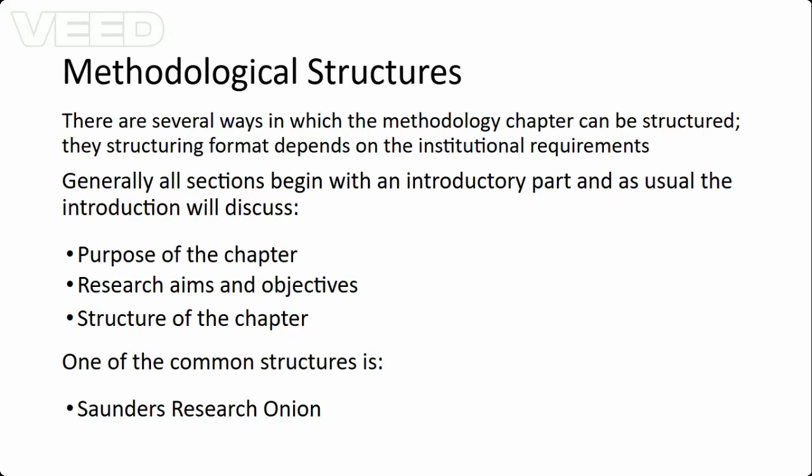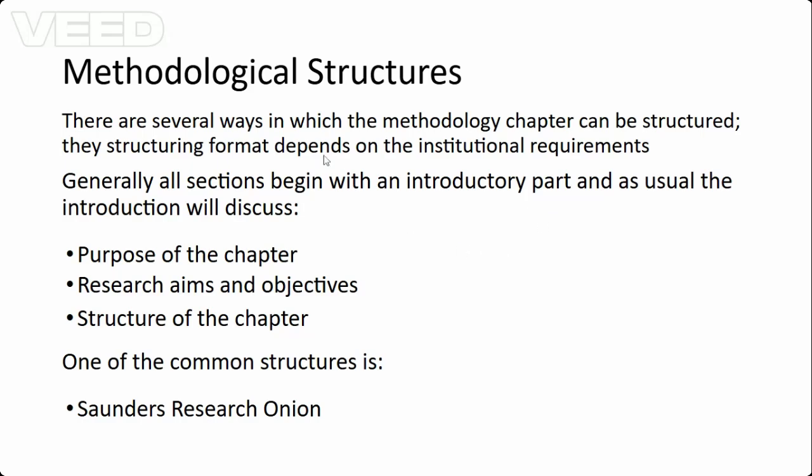You can even come up with your own research method structure, provided you're able to justify why particular items are in that line within your methodology structure. It's about justification.